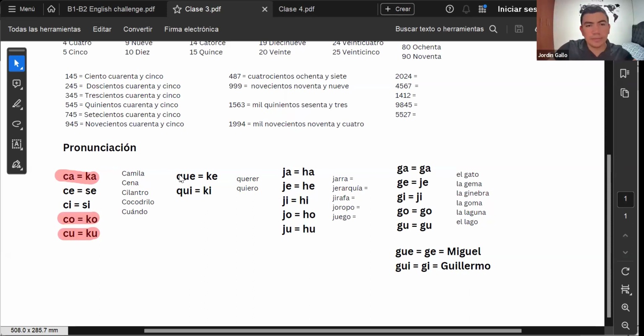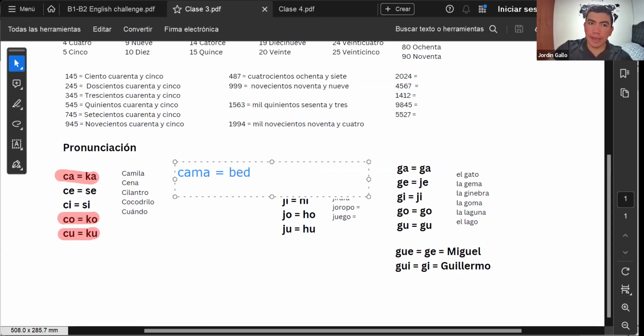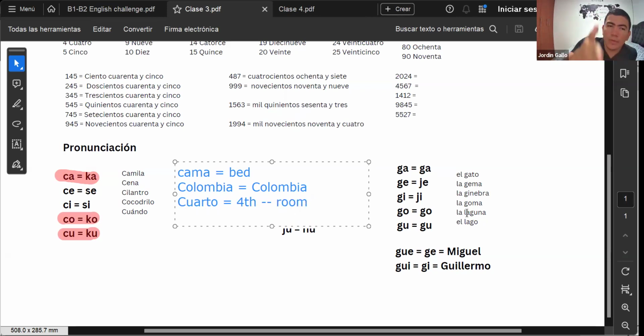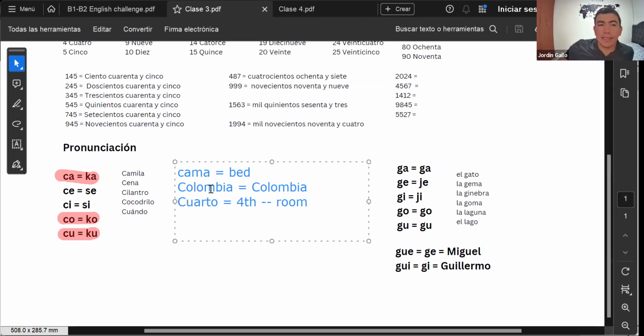For example, cama, Colombia, cuarto. Cuarto could be fourth, or it could be room. So as you can see, we have the sound of K.